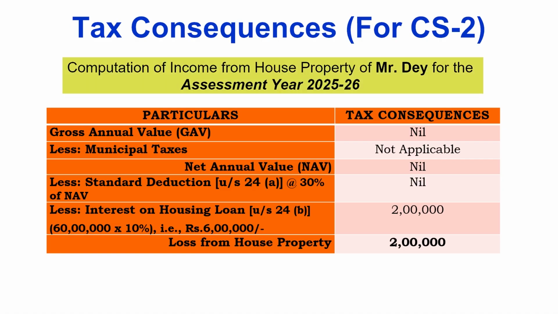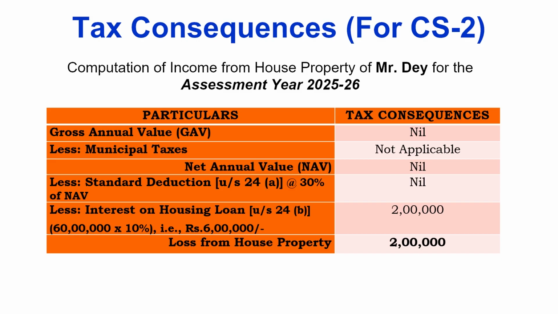Here, computation of income from house property of Mr. De for the assessment year 2025-26. Here, gross annual value, that is GAV, is nil, as municipal taxes is not applicable or eligible for deduction, so net annual value becomes nil.